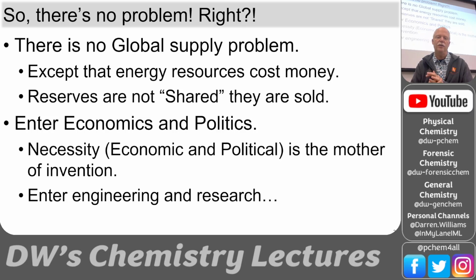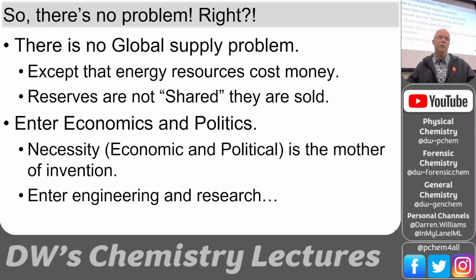But the reserves aren't shared, they're sold. And so there still is an economic issue. Who has what source of energy? If we're going to go nuclear, who has the will or attitude to turn that into nuclear weapons, and would they send those out with terrorist organizations? So that's where you see on the nuclear stage this pressure against Iran and so on, and the distrust, not just by the United States, but many in Europe and other places in the world, and even Saudi Arabia, against a nuclear program there.